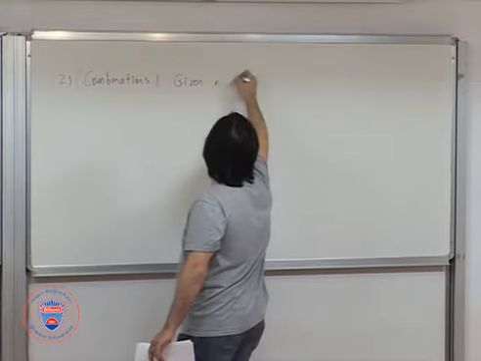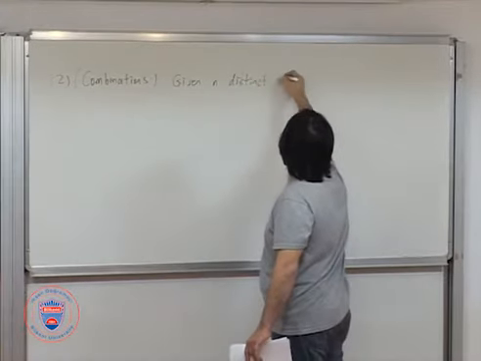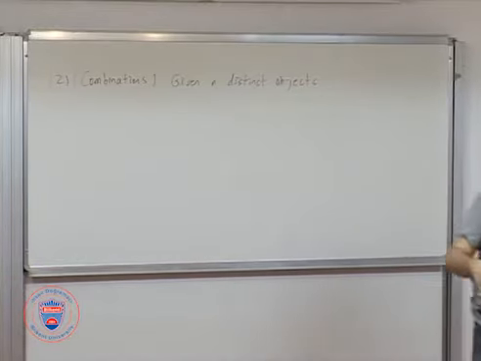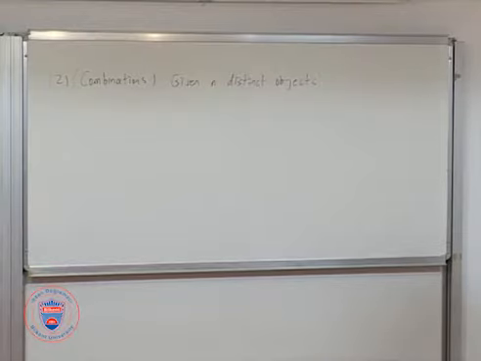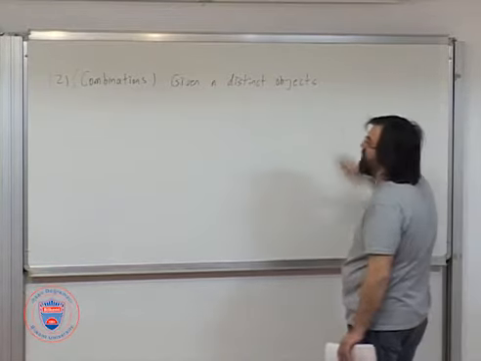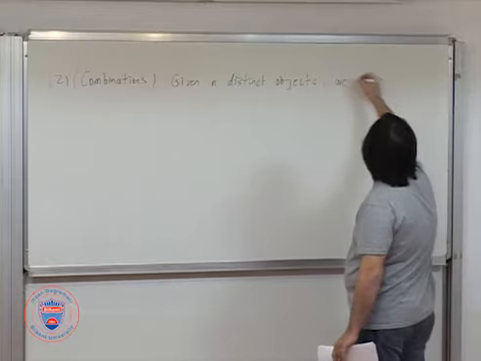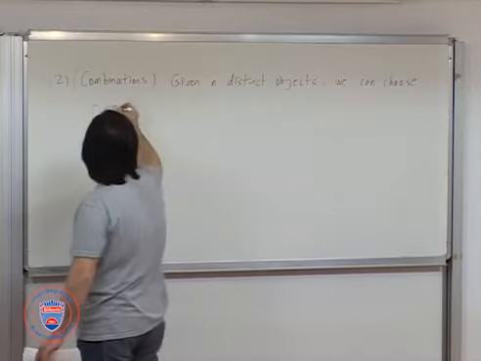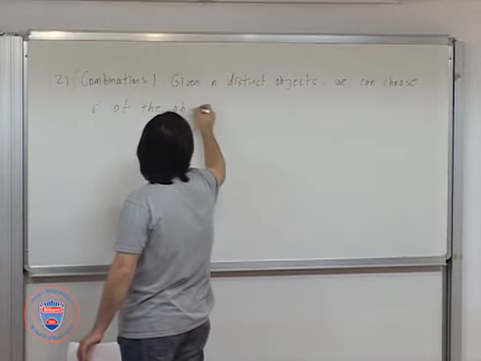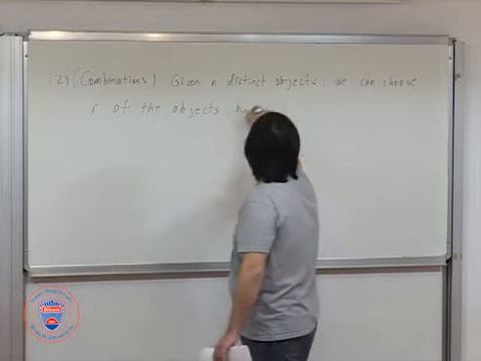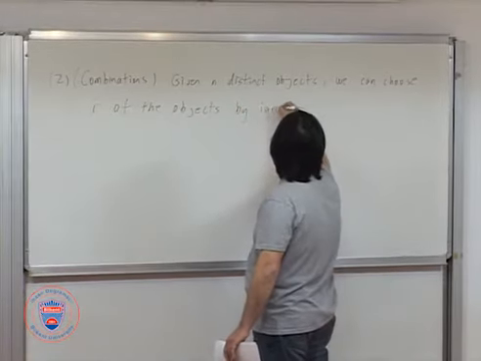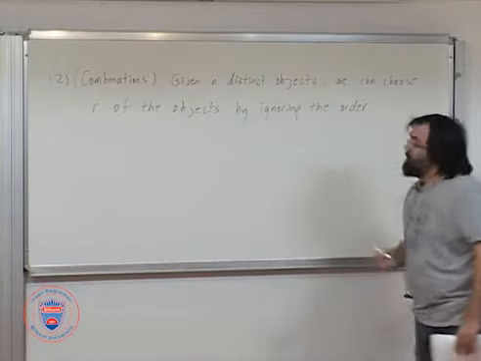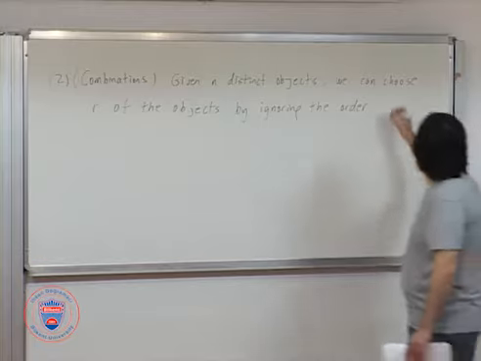Given n distinct objects, say 10 students, and you're forming a committee with 3 members, we can choose r of these objects, ignoring the order of the choice, in how many ways?